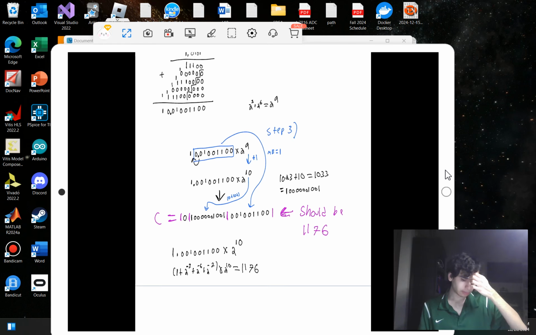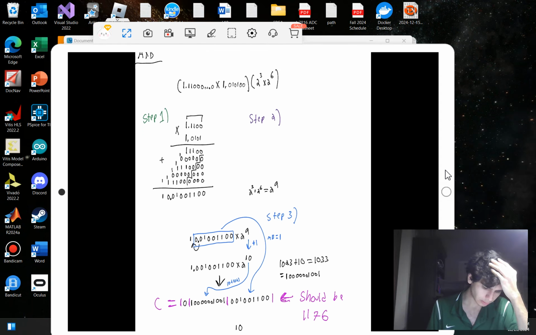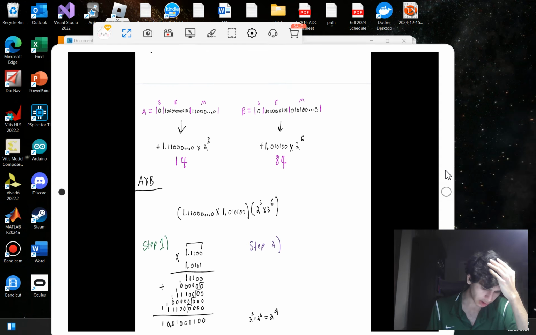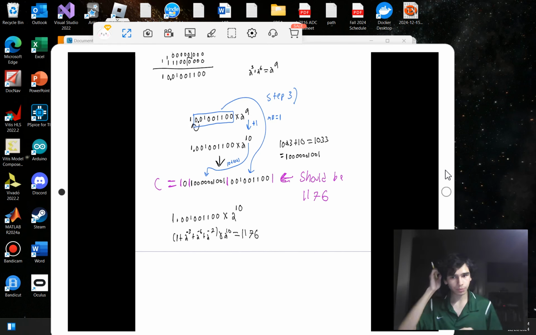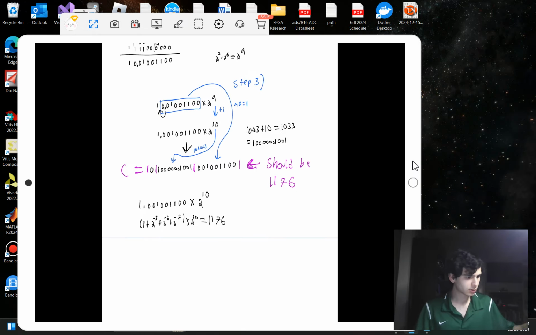So now that we've gone over how to do floating point multiplication, it's time to build the circuitry for it. So hold on.